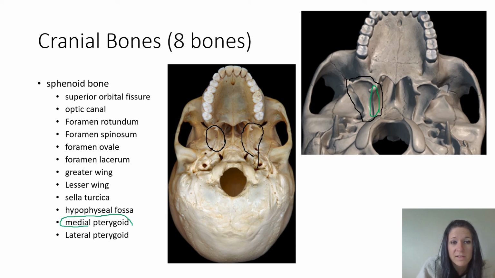And then the lateral pterygoid is obviously going to be the lateral portion of this whole process. The lateral pterygoid is right here. So these two ridges together make up the pterygoid process. The lateral one is the lateral pterygoid, and the medial one is the medial pterygoid.